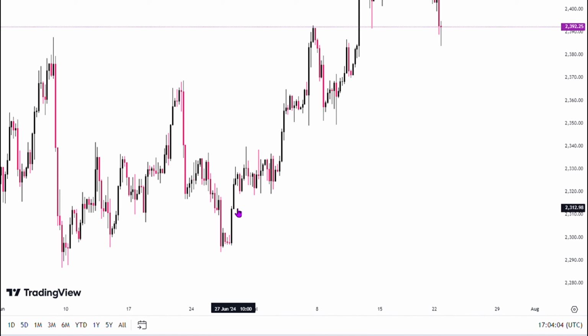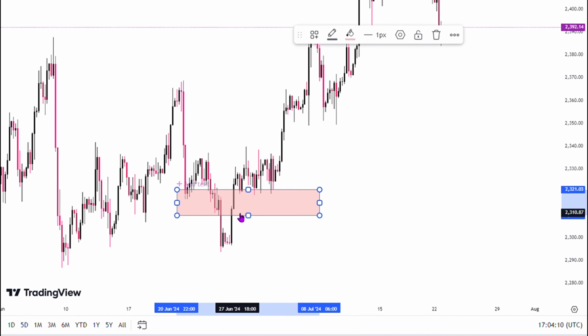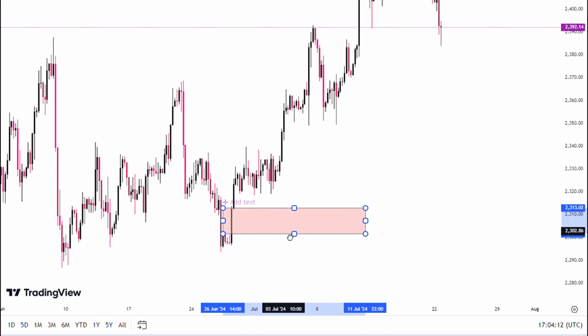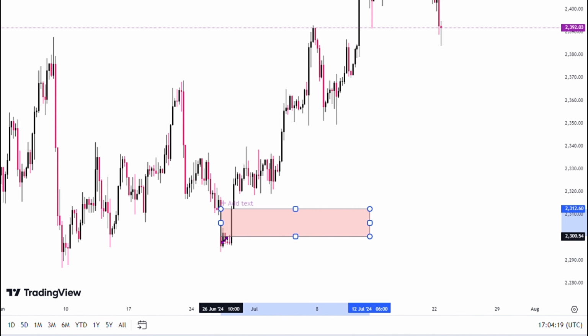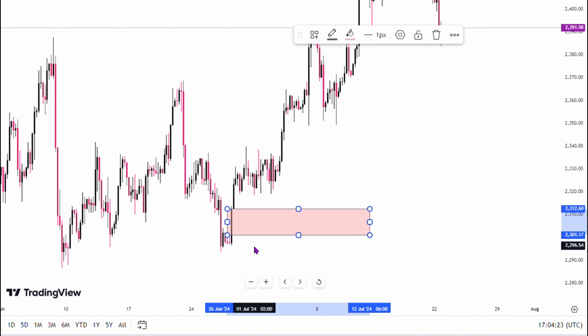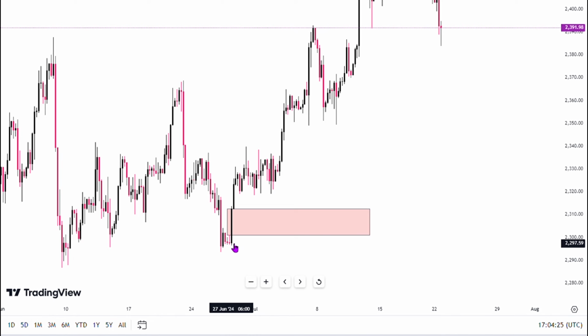Remember the definition, I say it's the body or the wick of the candle. Now we just grab a shape here. So let me use this shape to identify the area of the fair value gap. Let me adjust it a little bit on top of the first candle. So you see the first candle, its upper wick, and then the third candle. So this area is a fair value gap.